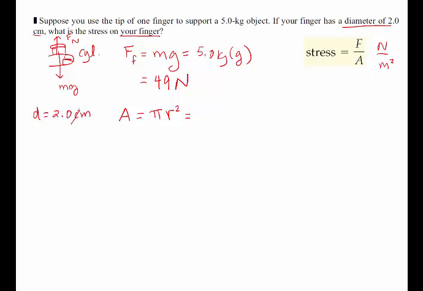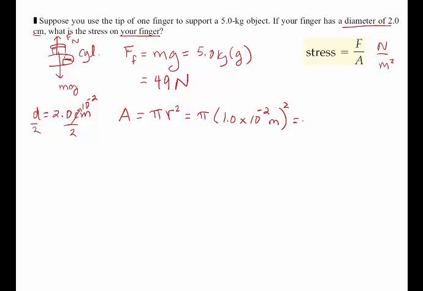But centi is the same as 10 to the minus 2. That's why we like SI units, metric, because it makes our life easier. So here we have pi times r, which means I would just divide the diameter by 2. So I have 1 times 10 to the minus 2 meters. And then I'm going to square all that.